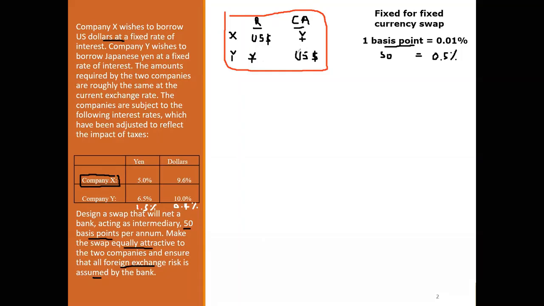So this creates the basis for swap. Then you can look at the net gain that you can get from this swap arrangement. From the swap arrangement, what is the total gain that you can expect? How much would it be?